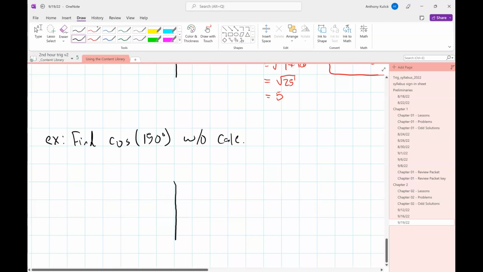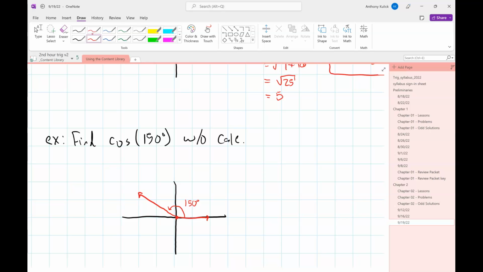Well, I should recognize immediately that 150 degrees is not a geometric angle value I can do using a right triangle, since that's an obtuse angle. So I'm going to start by drawing my standard position angle for 150. So here's my initial side. I rotate 90 degrees and then like 60 more to get to 150 degrees.